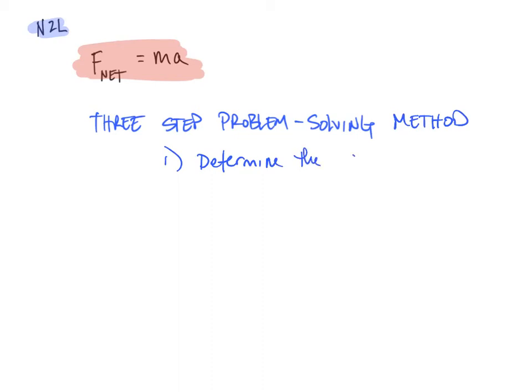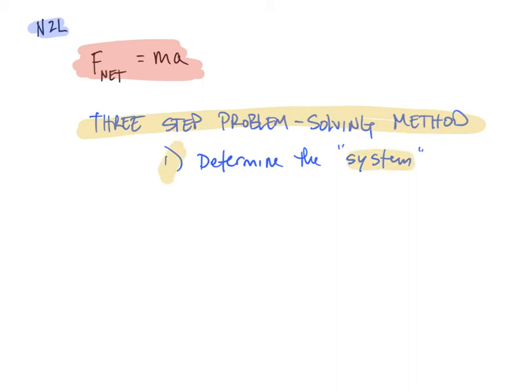the system. I'll just remind you that in physics, when we say the word system, what we mean by the system is the object that you are thinking about, the object that's in consideration.